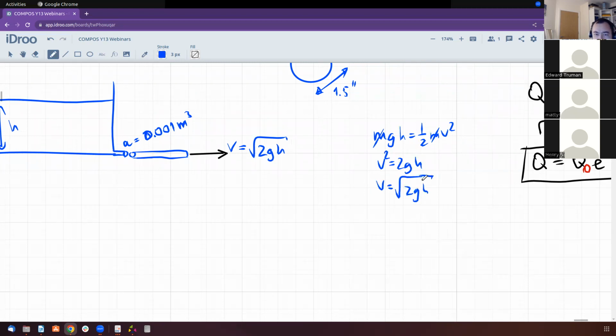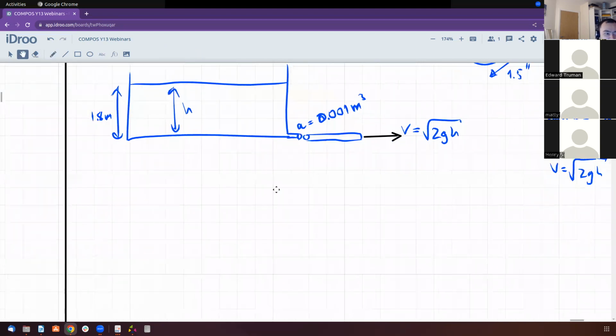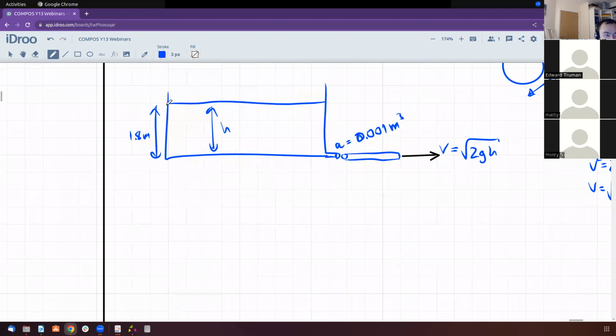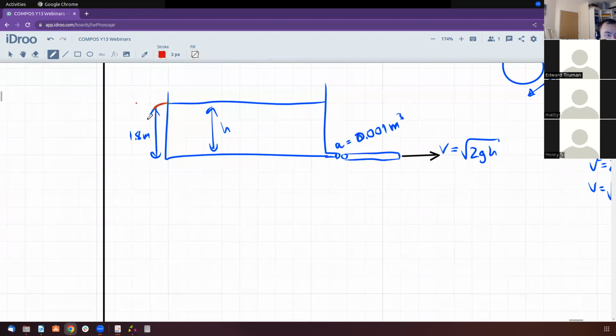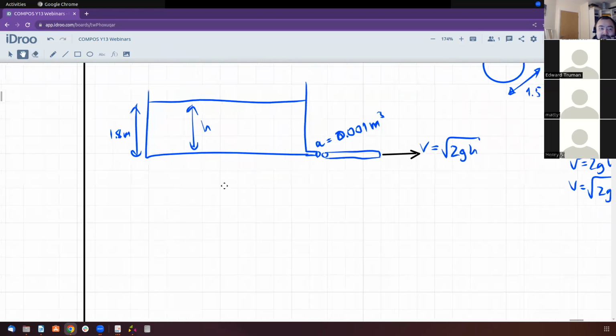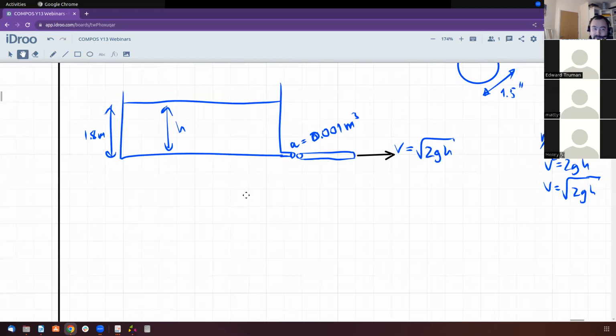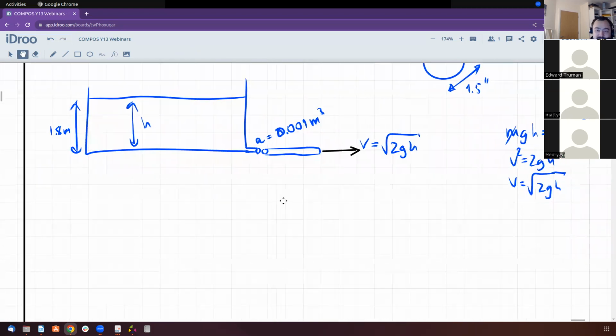So it's exactly what you would have if water was falling from the top. If water was falling from the top like this, for example, the speed at the bottom would be exactly the same, square root of 2gh. Well, I mean, it's not a coincidence, but it's an interesting thing. Like water leaking from the bottom of a tank has the same speed as if it was falling from the top of the tank.